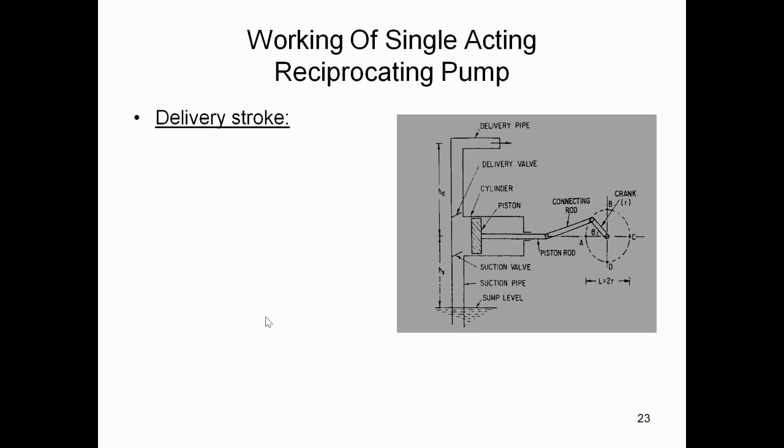Next one is the delivery stroke, the discharge or delivery stroke. Okay, we can see here. When the crank turns from C to A, that is from right to left, 180 to 360 degrees, the piston moves towards the left, increasing the pressure inside the cylinder.